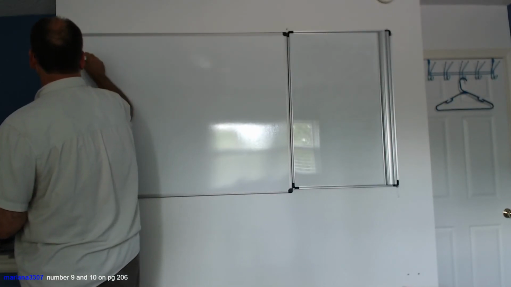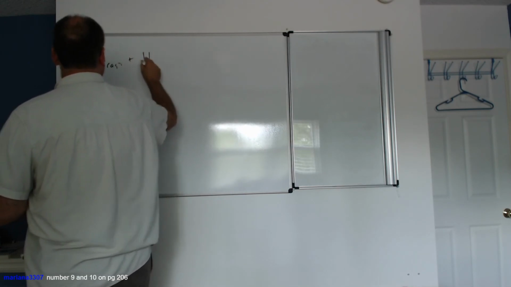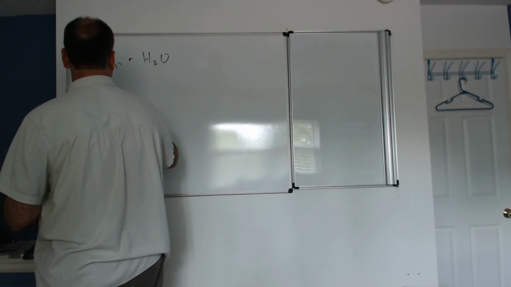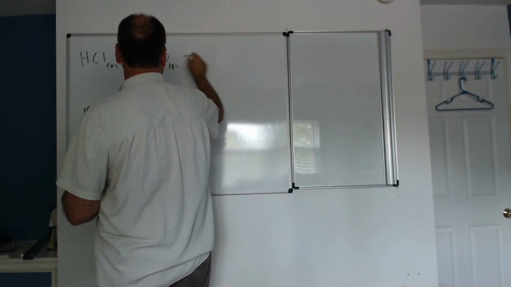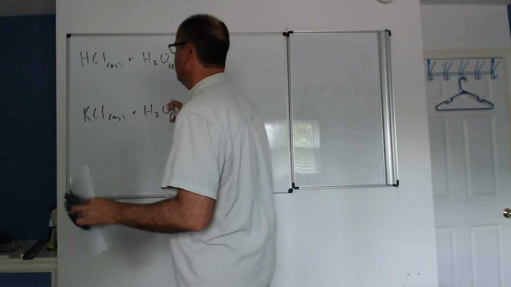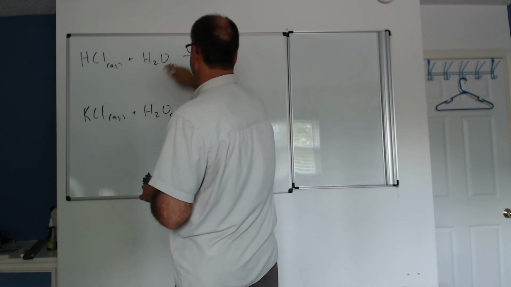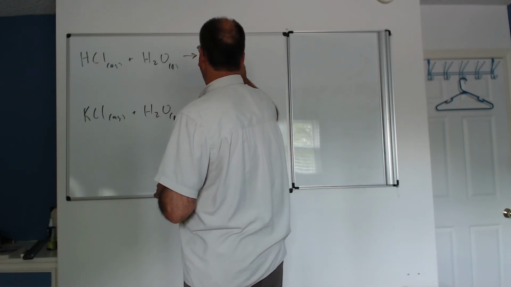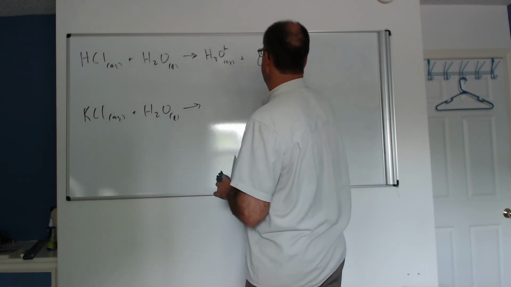Whether it's hydrochloric acid in the presence of water or potassium chloride in the presence of water, these are strong ionic, so they completely dissociate. So the hydrogen is going to join with the water and make H3O plus, and the chlorine is going to separate and be the anion.